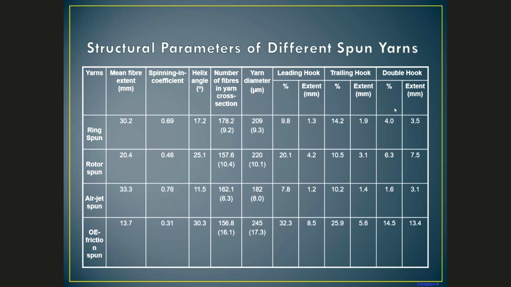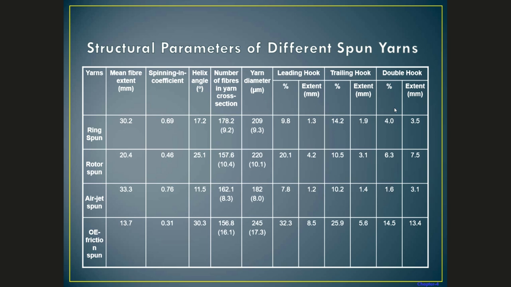So again, here with helix angle, in case of ring yarn you are getting the maximum number of fibers, and the least in case of friction spinning. So again, helix angle is now deciding your number of fibers in the yarn. Now this is indicating your yarn diameter.